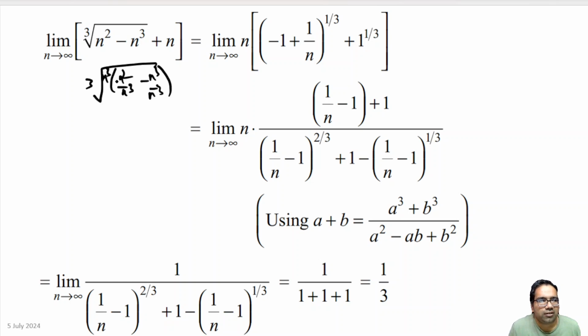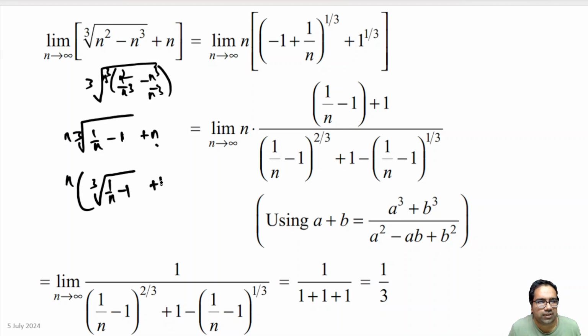Now if we take this n outside, it becomes n times the cube root of 1 by n minus 1, and we have plus n here. If we take this n also outside, this becomes n times the cube root of 1 by n minus 1, plus 1.